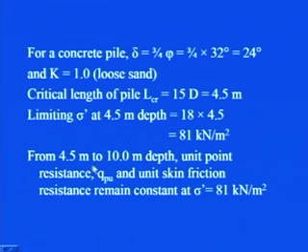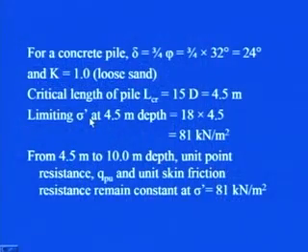From 4.5 meter to 10 meter depth, unit point resistance, that is QPU, and unit skin friction resistance remain constant at sigma prime equal to 81 kilonewton per meter square, because in the critical depth concept, this limiting sigma prime increases till the critical depth. Beyond that it remains constant.